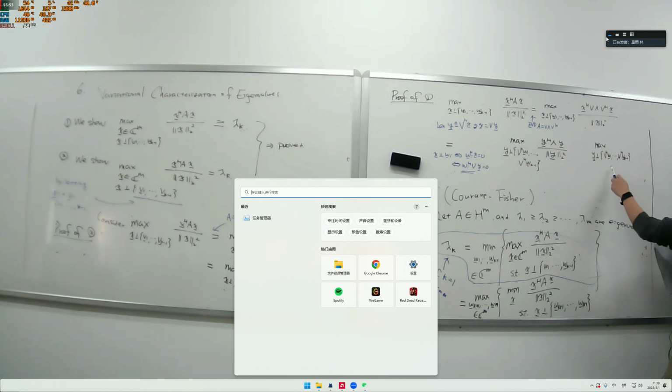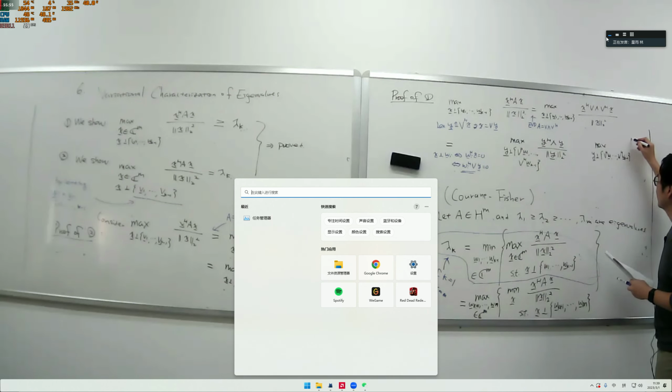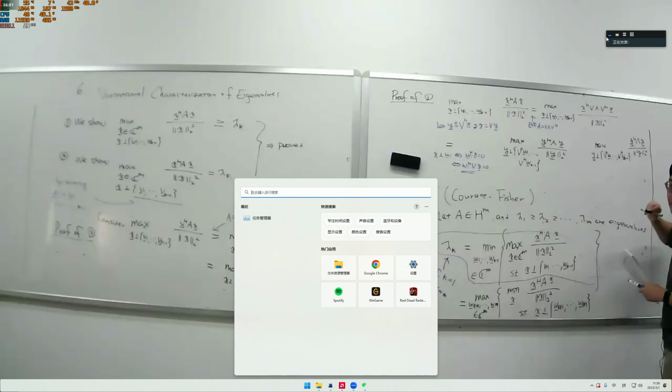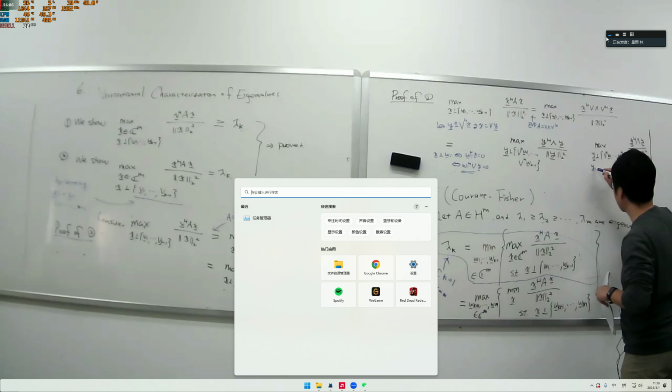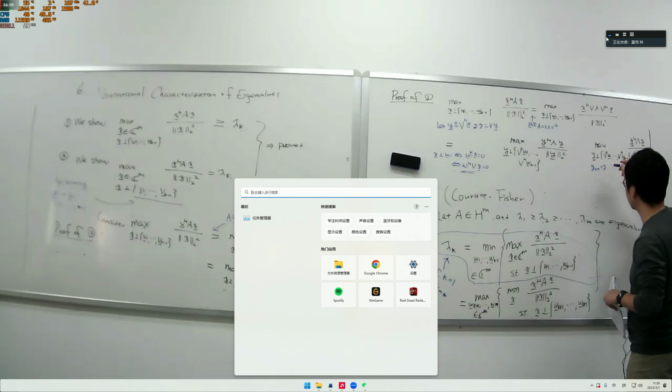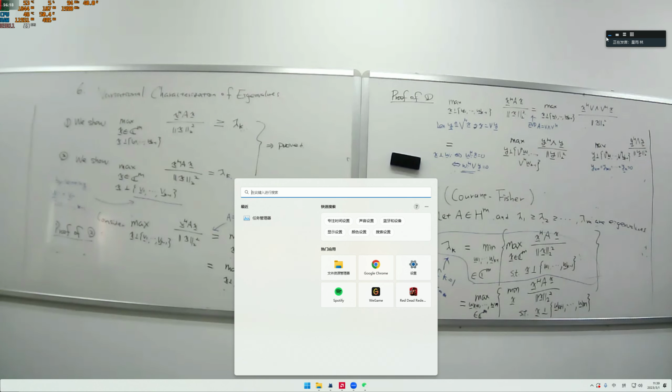The original constraint is that y is orthogonal to these vectors. Now we add another constraint: the k plus 1 entry of y through the last entry, we enforce to be 0.